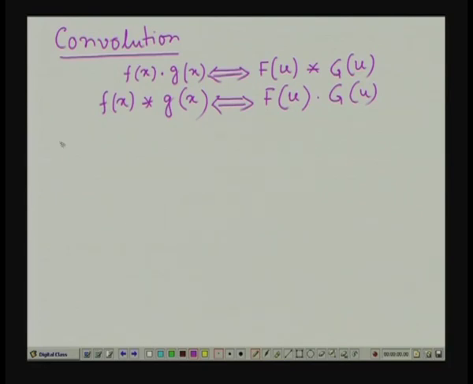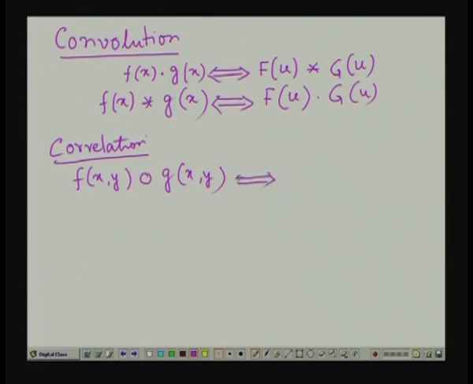The other one is called the correlation property. The correlation property says that if we have two signals, say f(x,y) and g(x,y), now we are taking two dimensional signals, and if I take the correlation of these two signals f(x,y) and g(x,y), in the frequency domain this will be equivalent to the multiplication F star(u,v), where this star indicates the complex conjugate, into G(u,v).